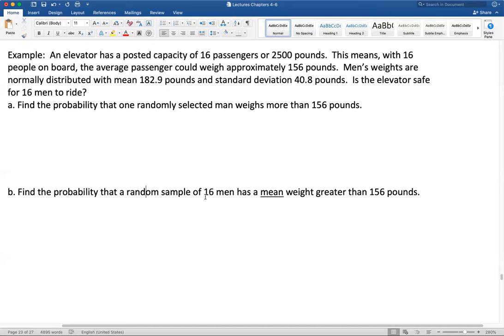So it's likely that their total weight is greater than 2,100 pounds. So is the elevator safe for 16 men to ride? No, based on that statistic. Okay, that's the answer for the question.